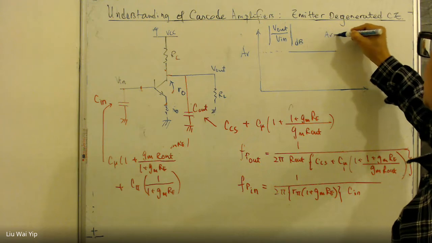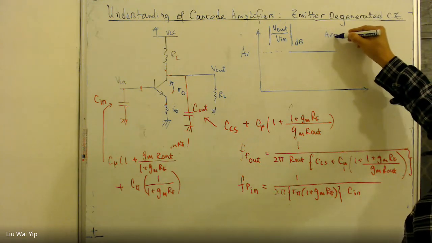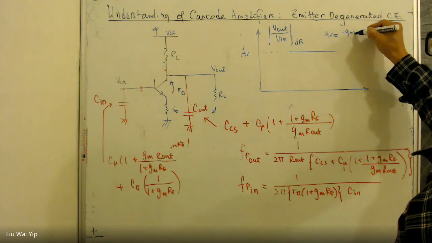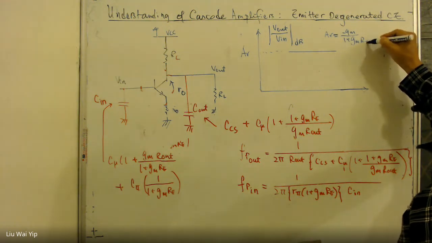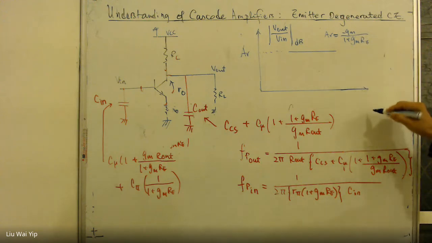A_V is equal to minus g_m R_E, and then times the total output resistance.